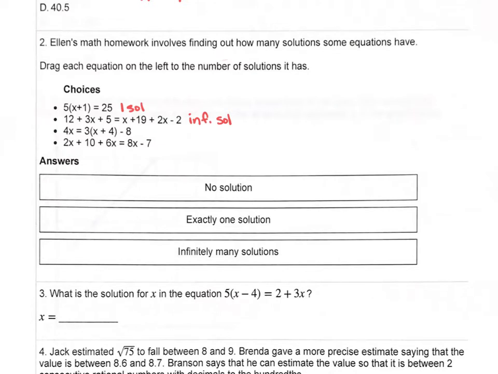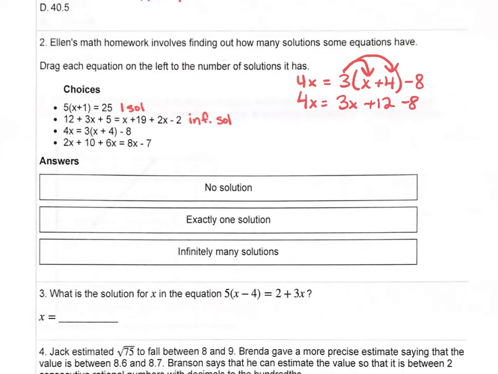The next equation, we have 4x equal 3 times the group x plus 4 minus 8. On the right side, we have 3 times x, which is 3x, and 3 times 4, which is positive 12, minus 8.